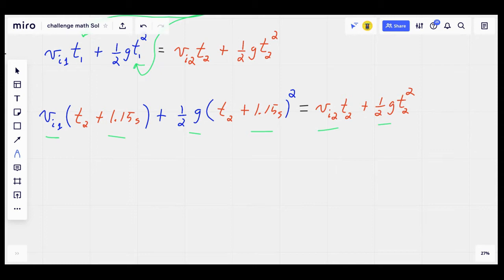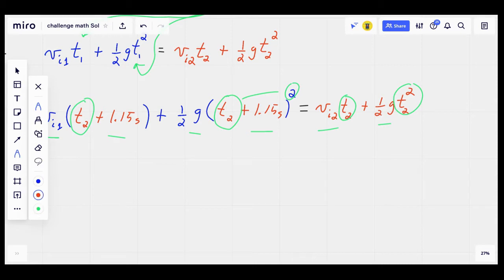We only have one variable, but it's in a bunch of locations. Sometimes it's being squared, so we have to consider that. First thing I'm going to do is figure out this part right here.